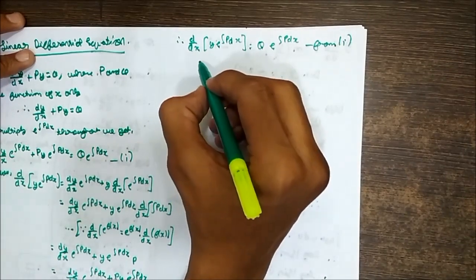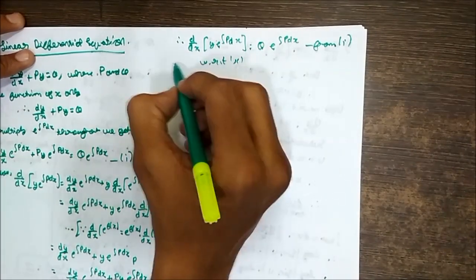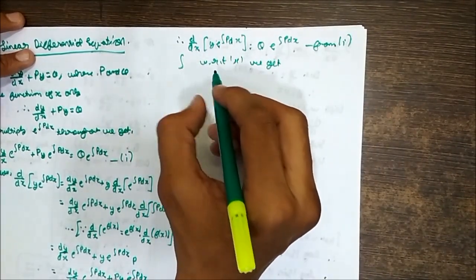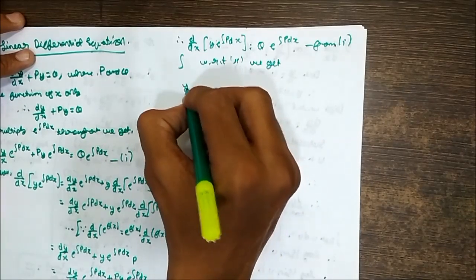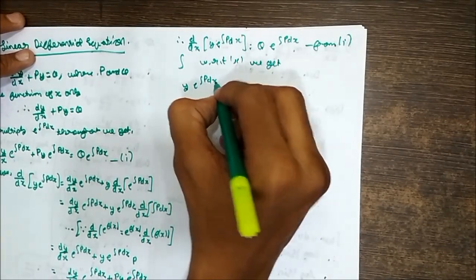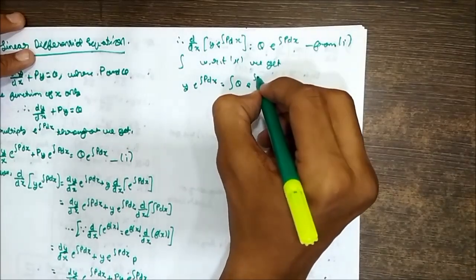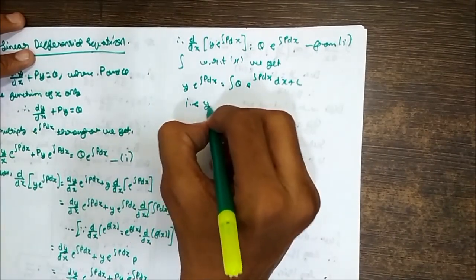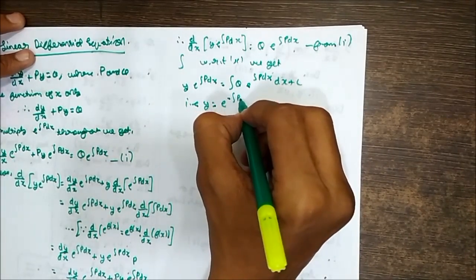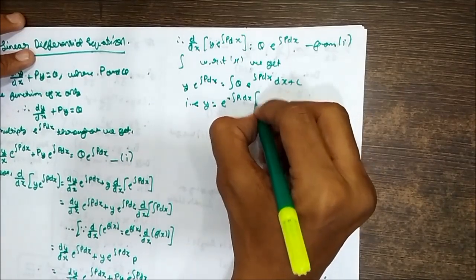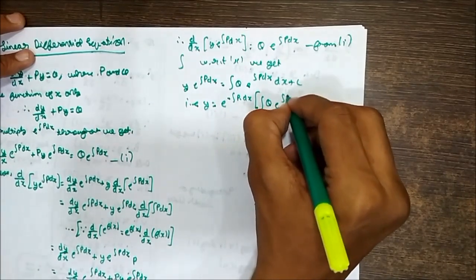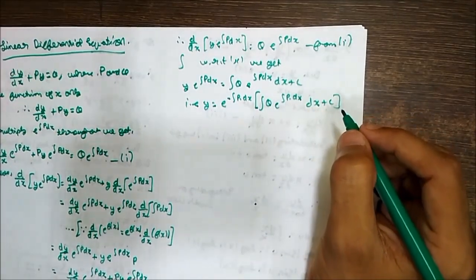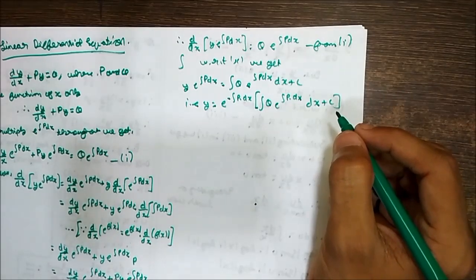Integrating on both sides with respect to x, we get y e^(∫p dx) is equal to ∫q e^(∫p dx) dx plus c, that is y is equal to e^(−∫p dx) times ∫q e^(∫p dx) dx plus c, which is the required general solution for the given linear differential equation.